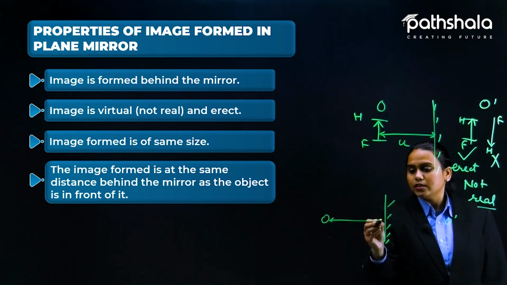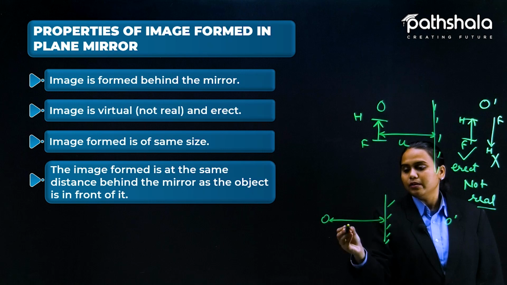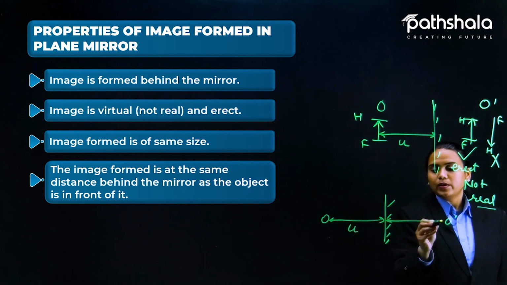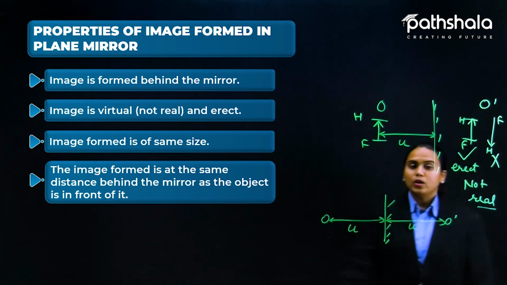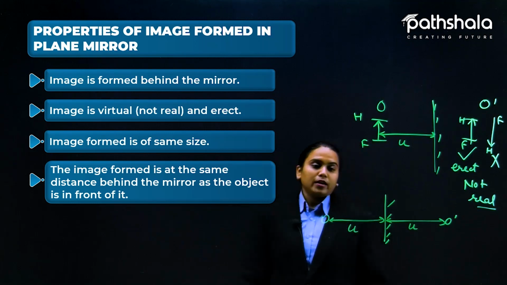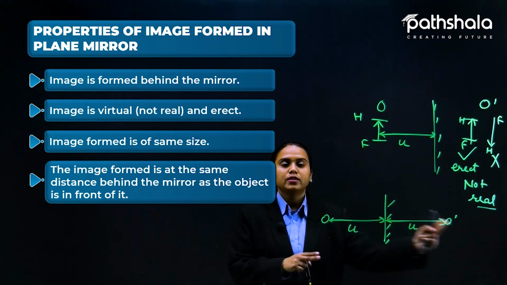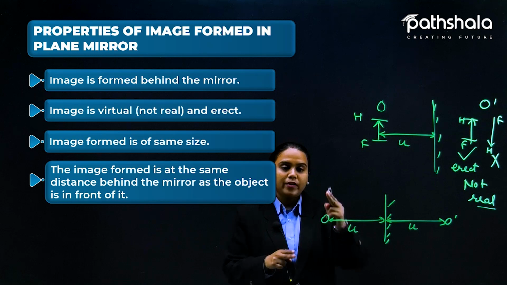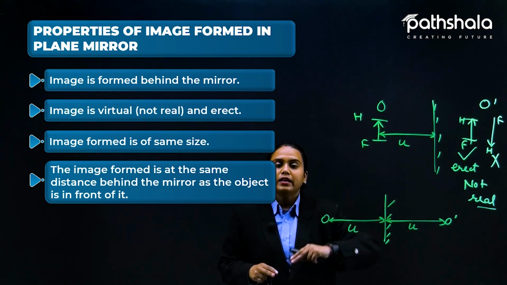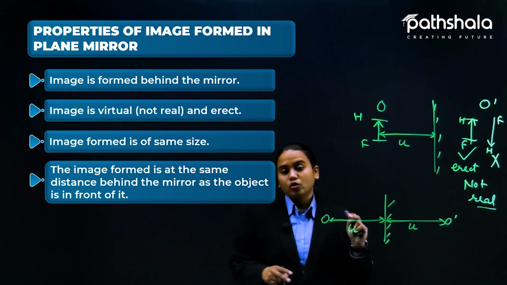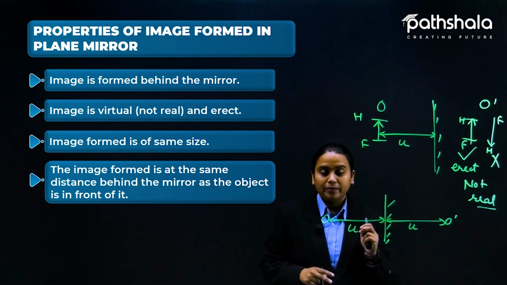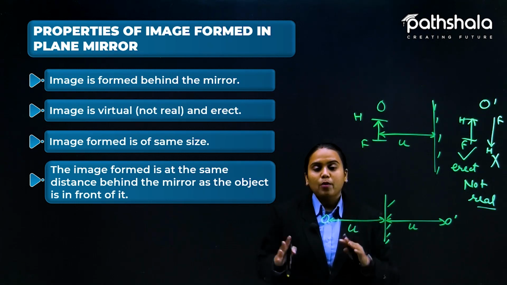So the distance between object and the mirror and the distance between image and the mirror will always be the same. Size will be same, distance will be same, and it will be erect. And this is a virtual image, it is not a real image actually. ठीक है, तो ये सारी प्रॉपर्टीज थी.